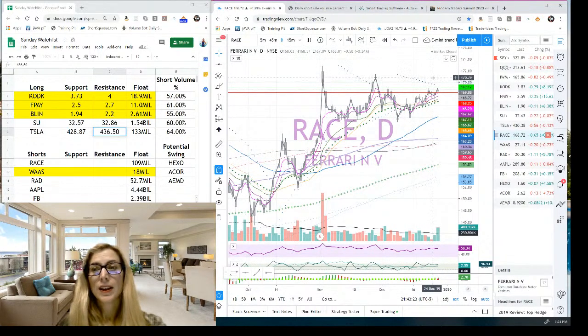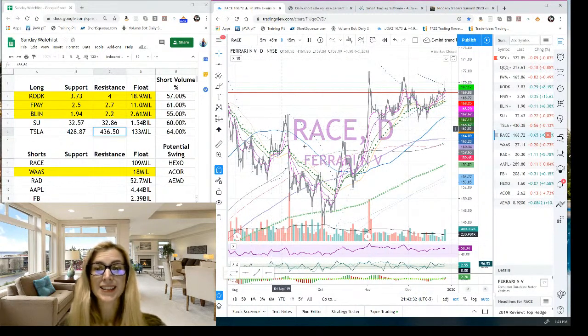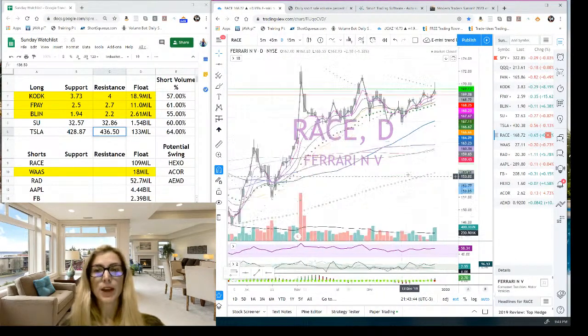So it's got some nice $5 movement. I think it could come down and test this 50 simple moving average before it goes up. However, when we look back, has that 50 simple moving average really held as support? No, it has not. So it could come all the way down to 155 before we see a big move to the upside again.